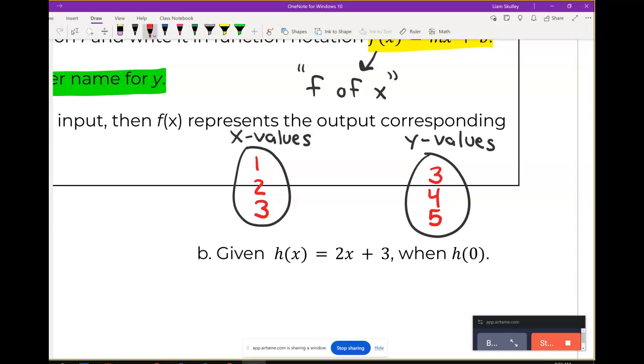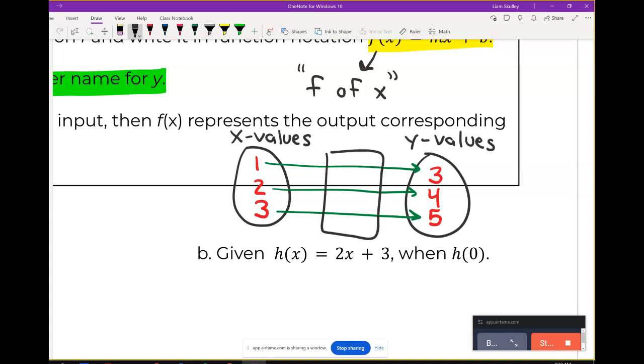So like I said before, we have these arrows that are being mapped. Let's say 1 goes to 3, 2 goes to 4, 3 goes to 5. But there's something happening in the middle. This is where we use our f of x function.